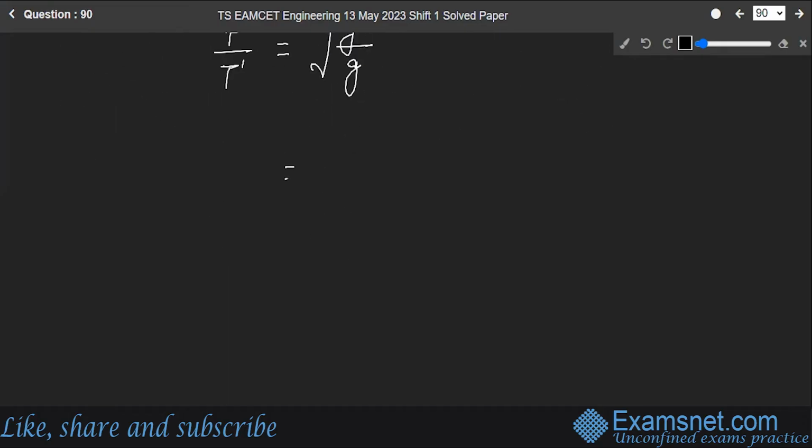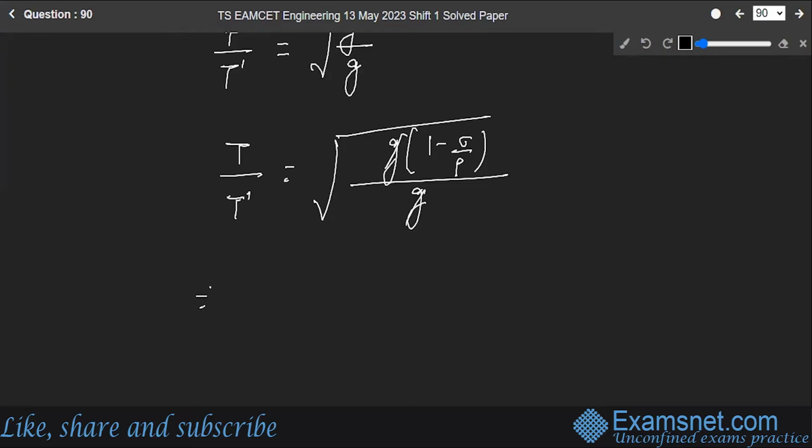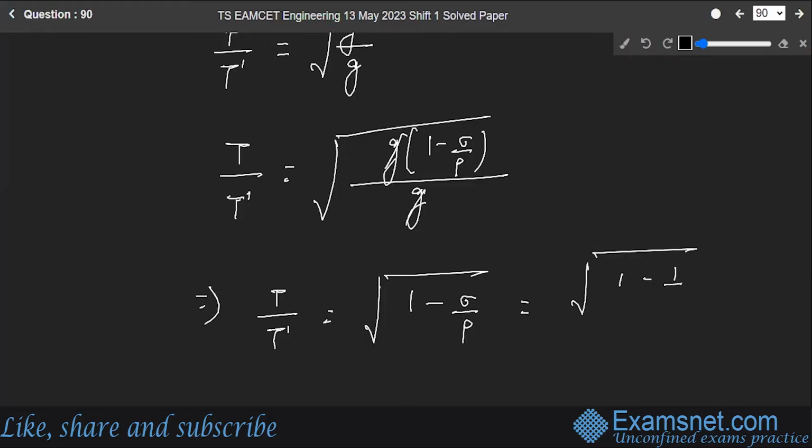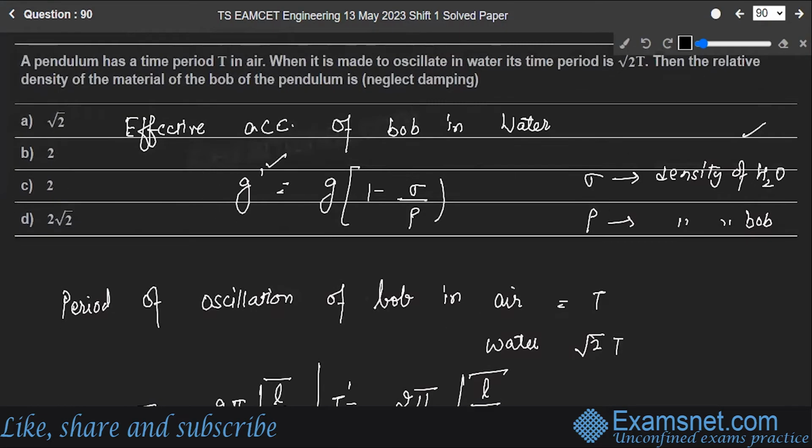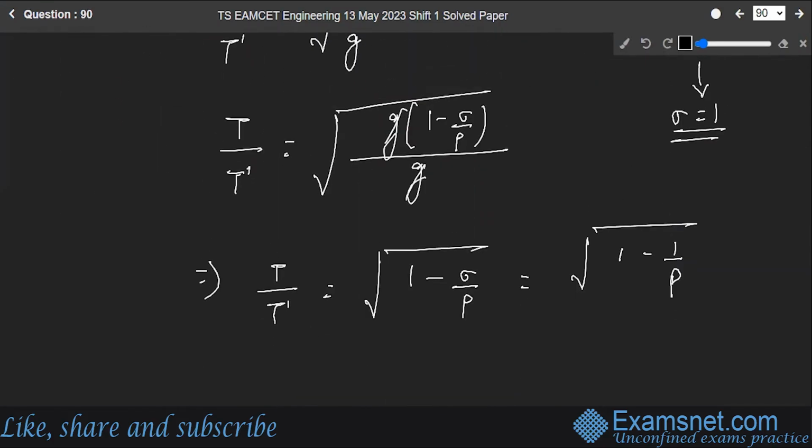Now fill in the values. You have g dash is given by g into 1 minus sigma upon rho divided by g, and g will cancel. So you have T upon T dash is equal to root of 1 minus sigma upon rho, or this is equal to 1 minus 1 upon rho, because sigma is the density of water, which is equal to 1.